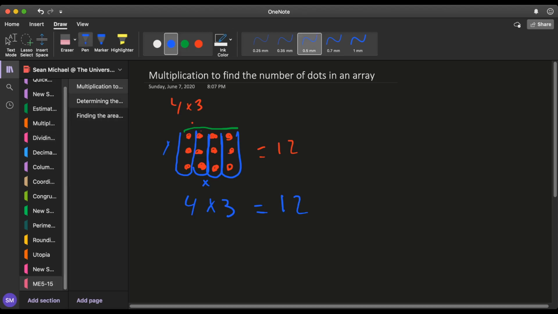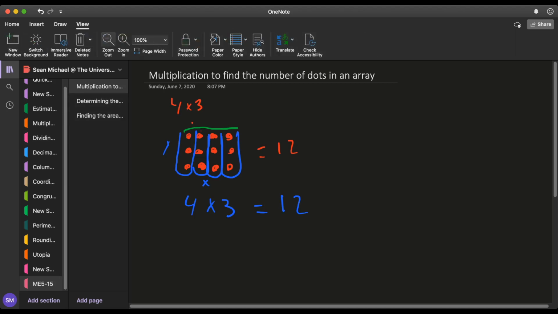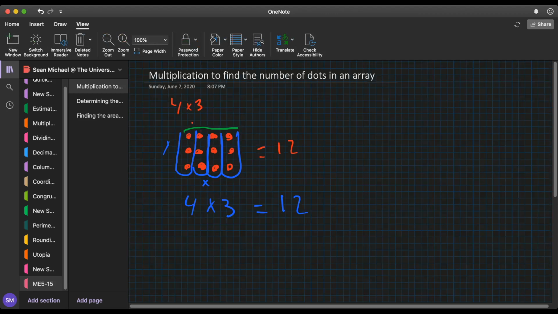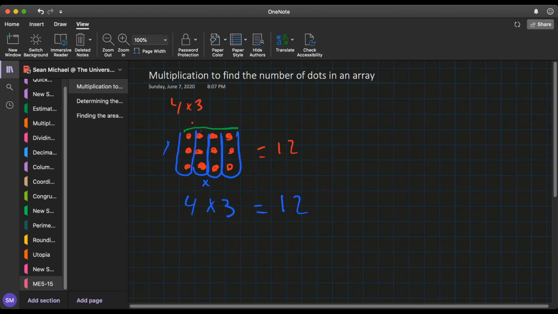Let me show something with the same kind of concept. Sorry, I want bigger squares than that. Let's look at a square that is similar. If I take a square and make it 4 squares long by 3 squares wide, how many squares total are in here?